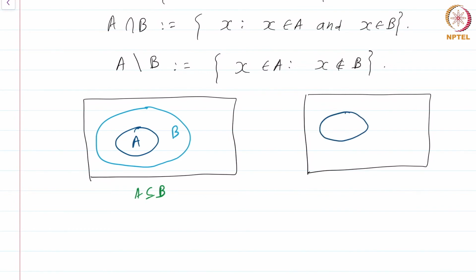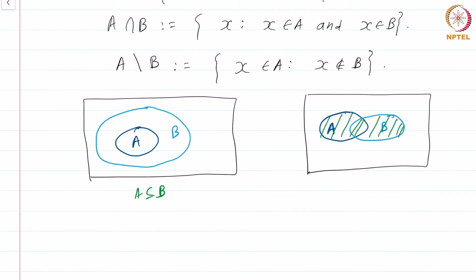Let's take this to be A and this to be B. Okay, so this is A, this is B. This is A and this is B. This entire thing is the union.